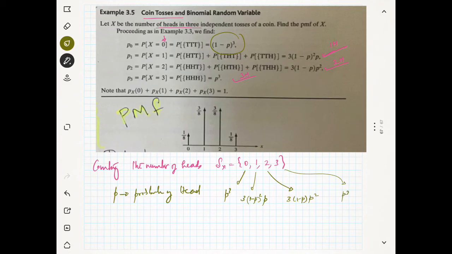So this is the probability mass function for 0, this is the probability mass function for 1, this is the probability mass function for 2, and this is the probability mass function for 3 heads. Actually, these are all PMFs, the probability mass function.